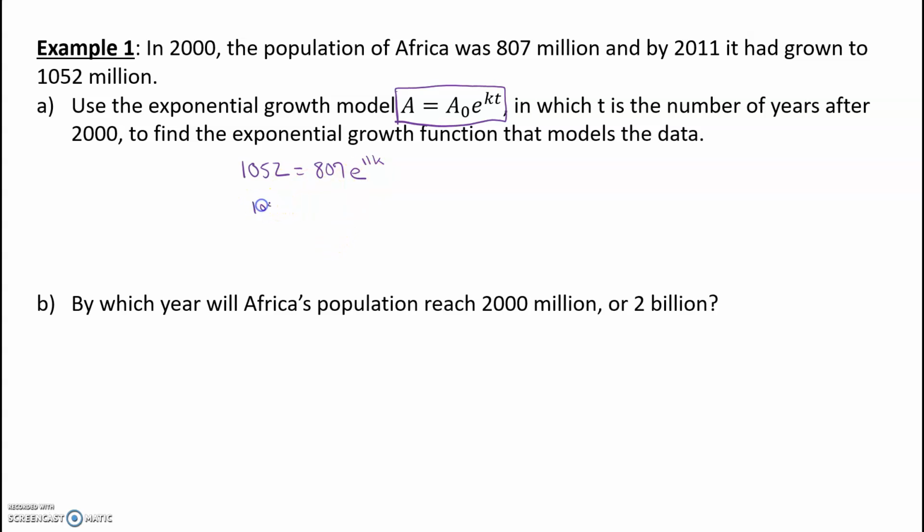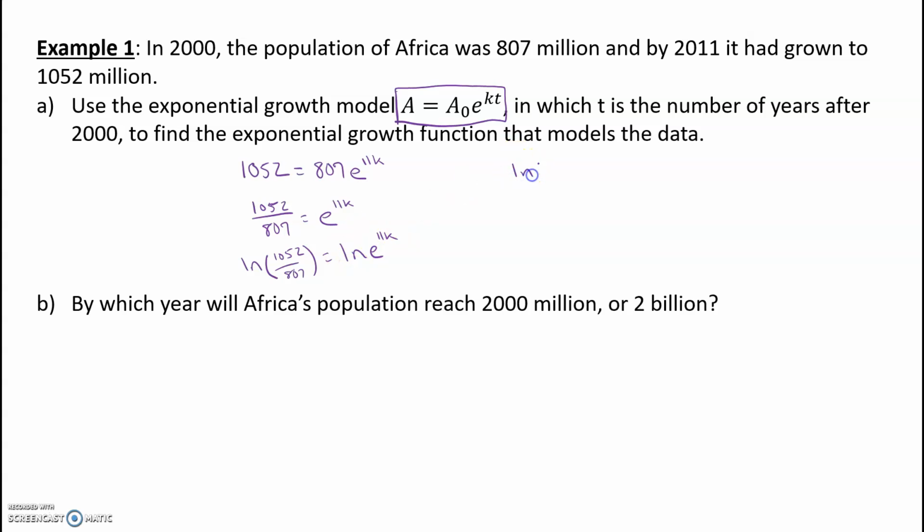Let's divide both sides by 807. So we got e to the 11k here. Again, I would not reach for my calculator until the very end. Let's take the natural log of both sides. And we can use that power rule, bring that 11k out front.